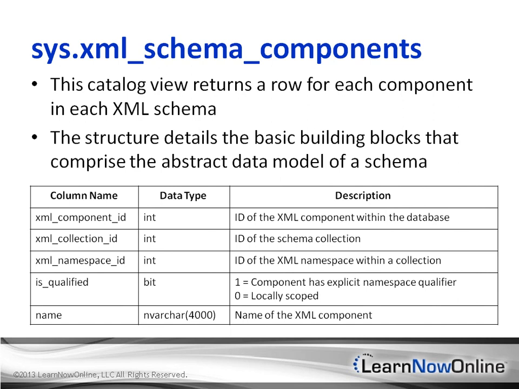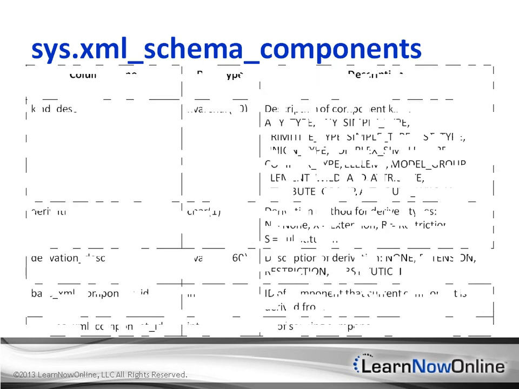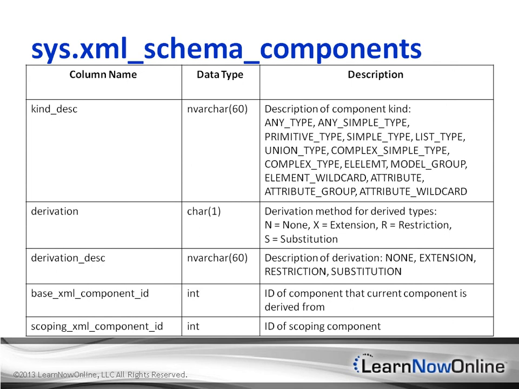Here you can see we get back a bunch of information: the ID of the XML component within a database, the ID of the schema, the namespace, whether it's locally scoped or not, the name of the XML component, and what kind of component it is. Is it any type, a simple type, a complex type, an element? And here we can also see that we get some additional information, including a description for what kind it is.